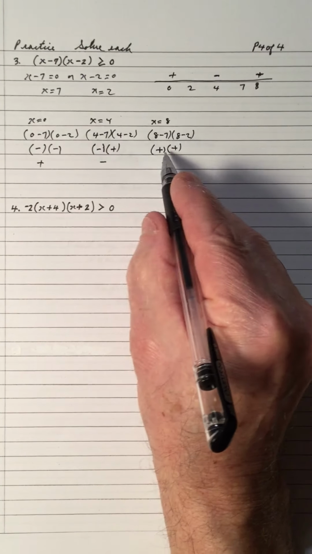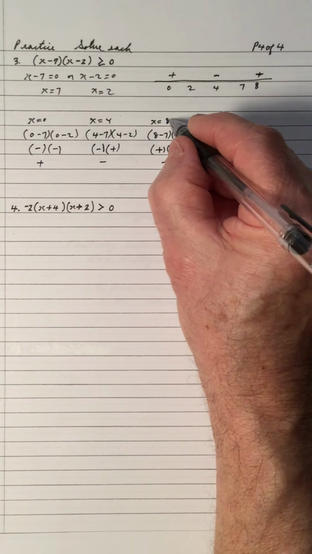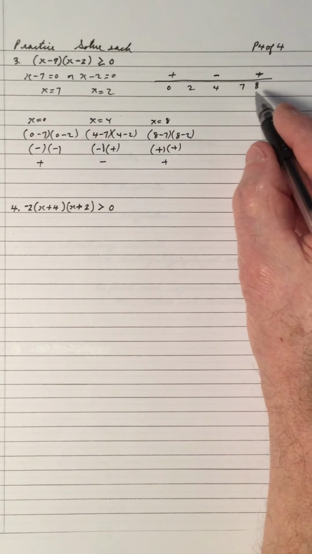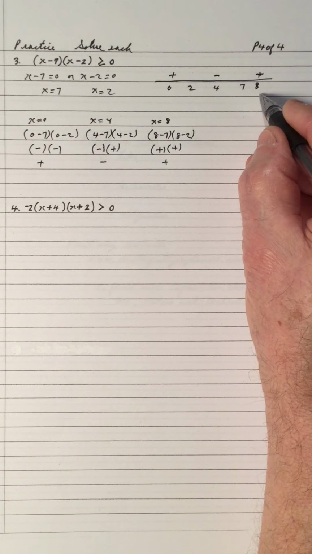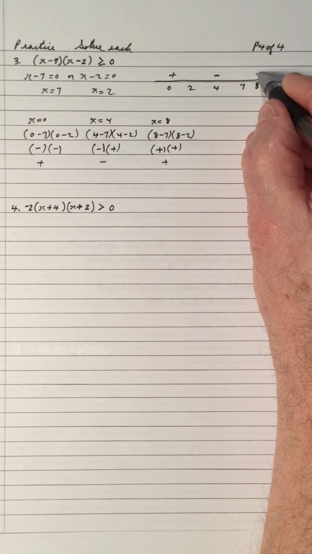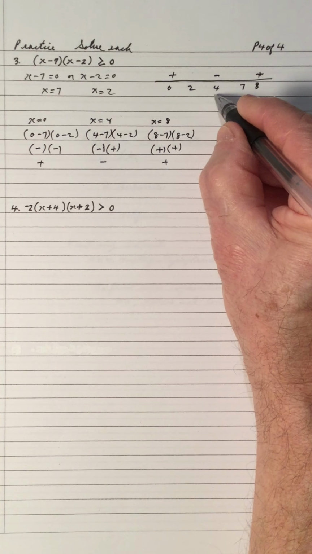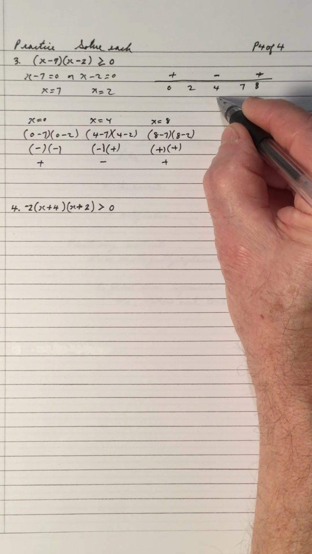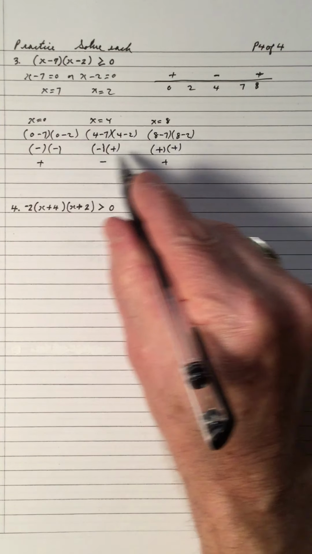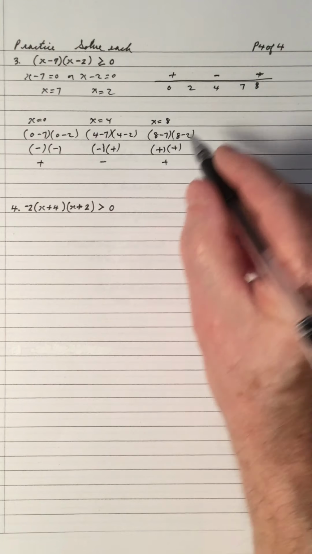So I'm showing you every step. Again, it can be quicker if you just work it out: I could put the plus and the plus below right here without working all this and put a plus up here, and put the negative and the negative and the positive right here below. But this way you're seeing it, and hopefully you're not making a mistake.